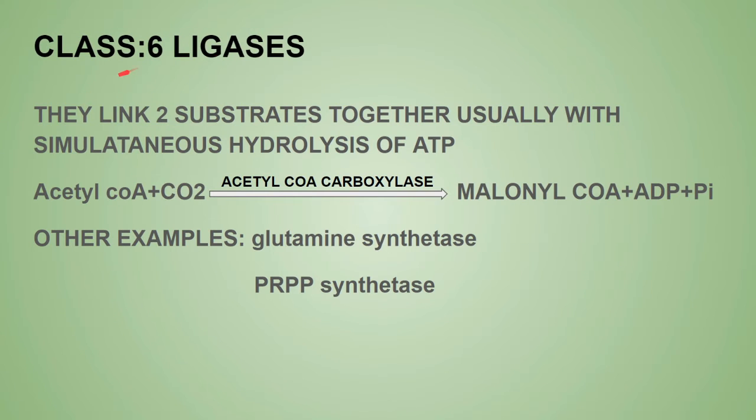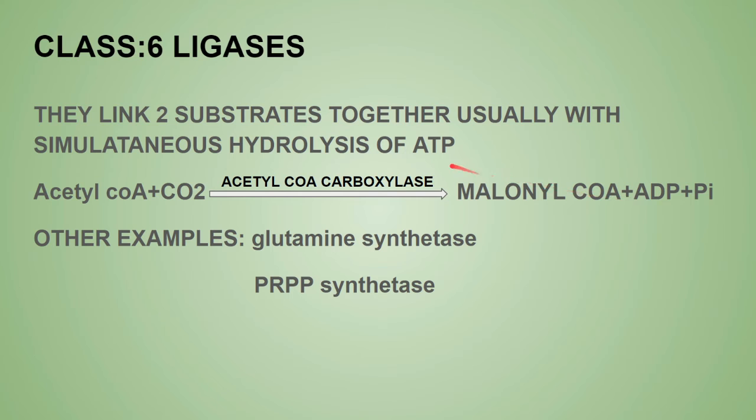Now the last, 6, is the ligase. Ligase means they will link two substrates. They link two substrates together, usually with simultaneous hydrolysis of ATP. So acetyl-CoA plus CO2, in the presence of acetyl-CoA carboxylase, will form malonyl-CoA, ADP plus Pi.